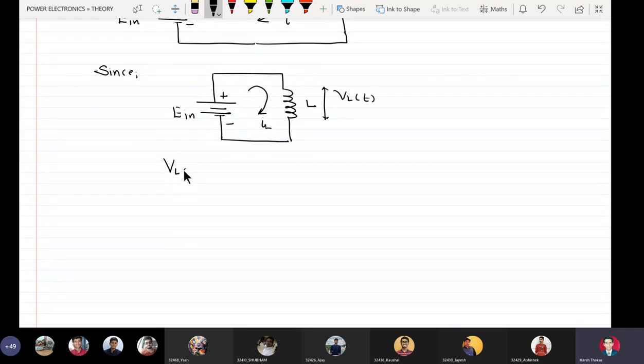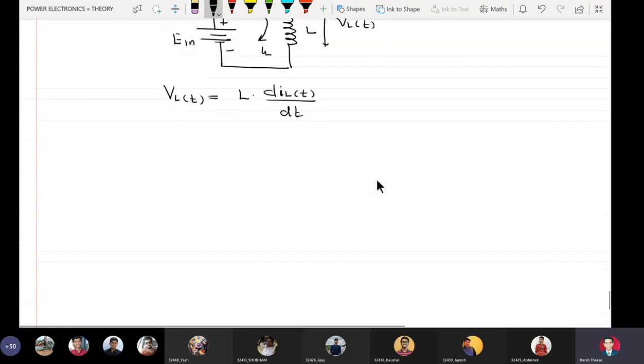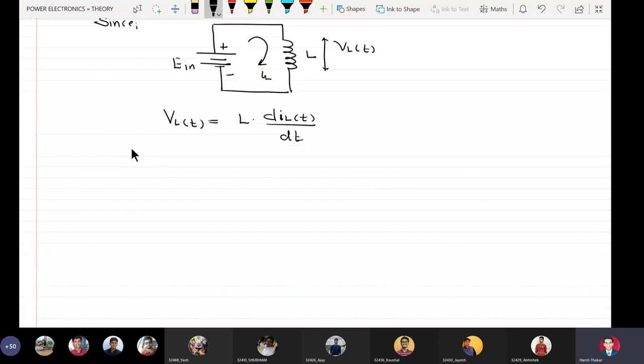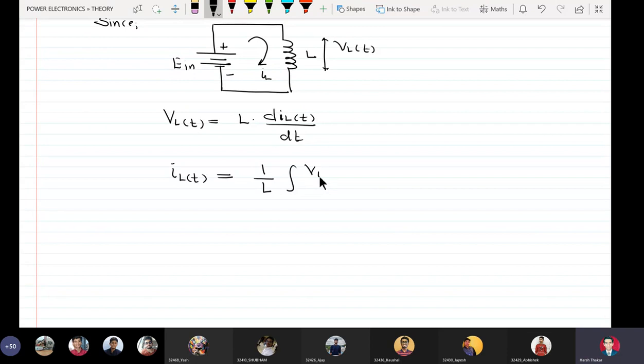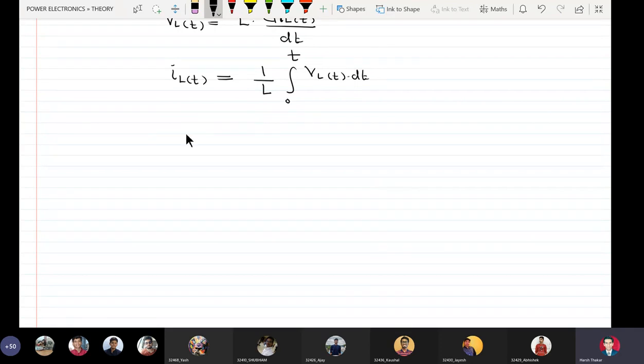We know that inductor voltage VL of t is L into dIL of t by dt. Now we know that IL of t will be equal to 1 over L integration of VL of t dt from 0 to t. But VL of t is nothing but equal to E in.